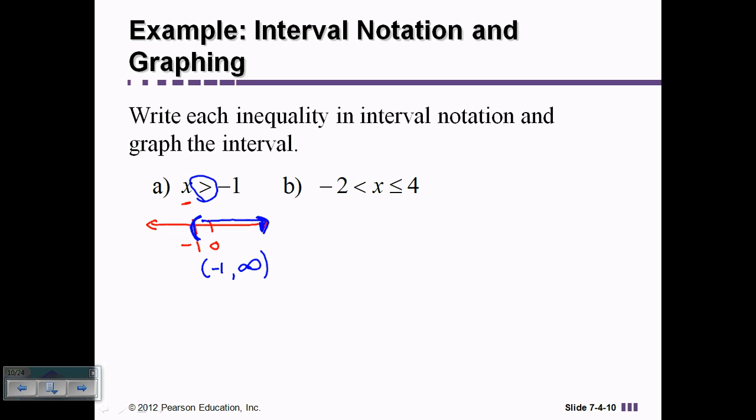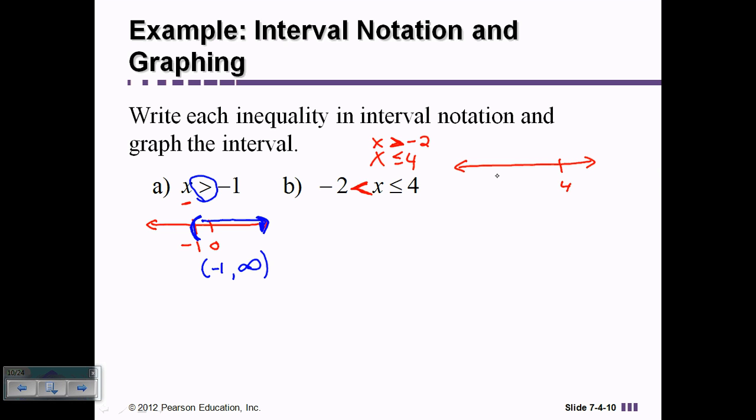Okay, now for the second example, you really need to think of this as two different problems. We have the problem x is less than or equal to 4, and then you need to sort of reverse this and say x is greater than -2. Notice the direction the arrow is pointing. The arrow is pointing to the -2. So when we graph this, we have 2 points here.